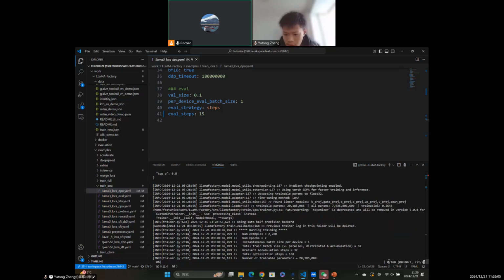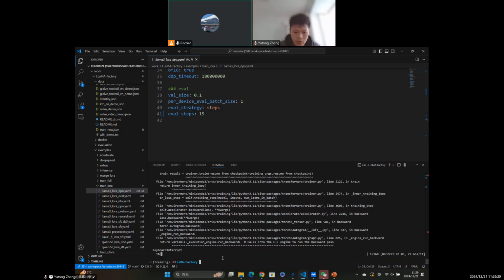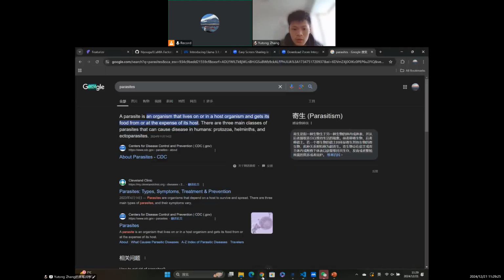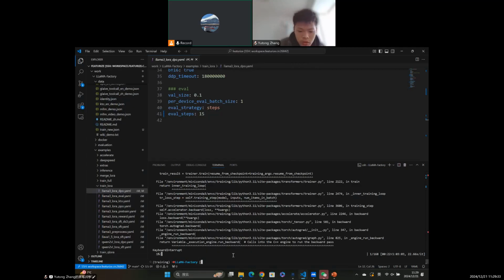You can see it has 168 steps, and an estimated time of 41 minutes. So it's very fantastic. Let's now run inference with the trained model.